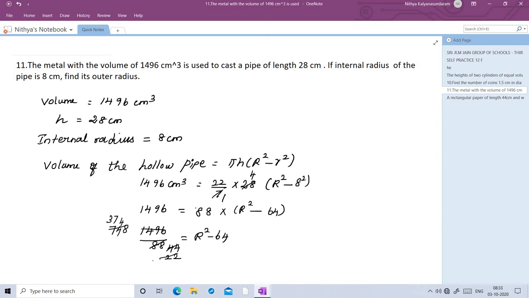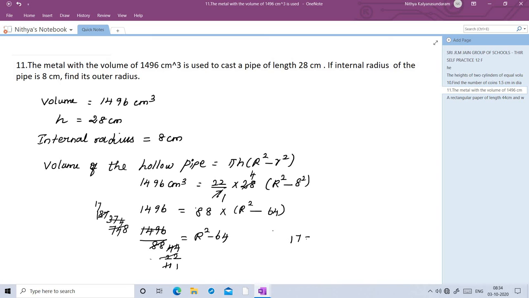Again we can cancel in the 2 table. Balance is 1, 17, 8 twos are 16, 7 twos are 14. Then we can cancel in the 11 table. 1 elevens are 11, balance is 7, 17.